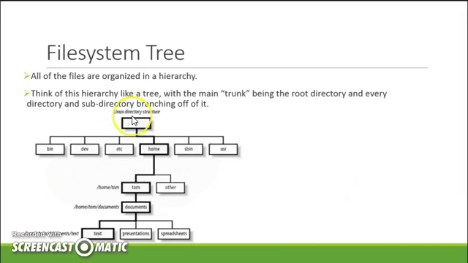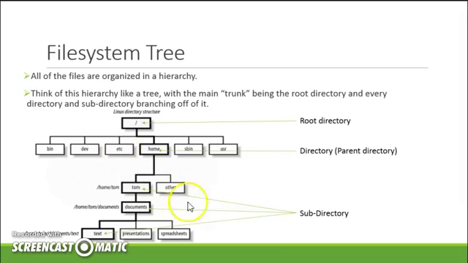We got the root directory up here, noted by /. Next we have the parent directories. In the previous video, our parent directory that we were in was actually var, and we had subdirectories branching off of that. We actually made a subdirectory in the last video, and we called it bin, which was my name.